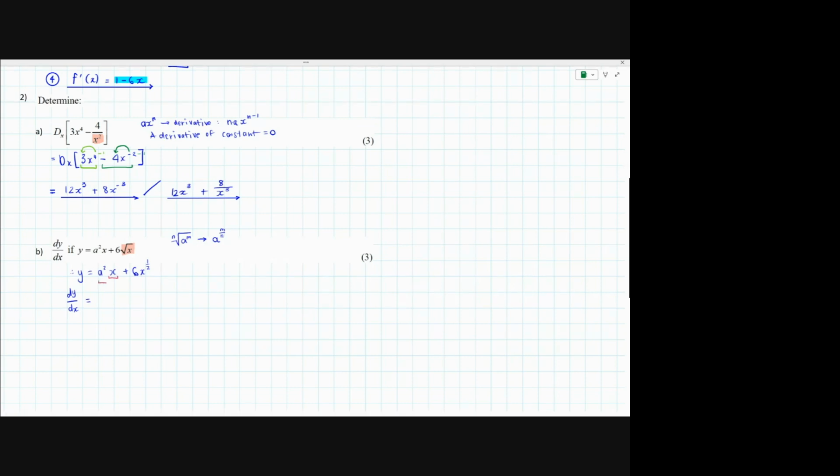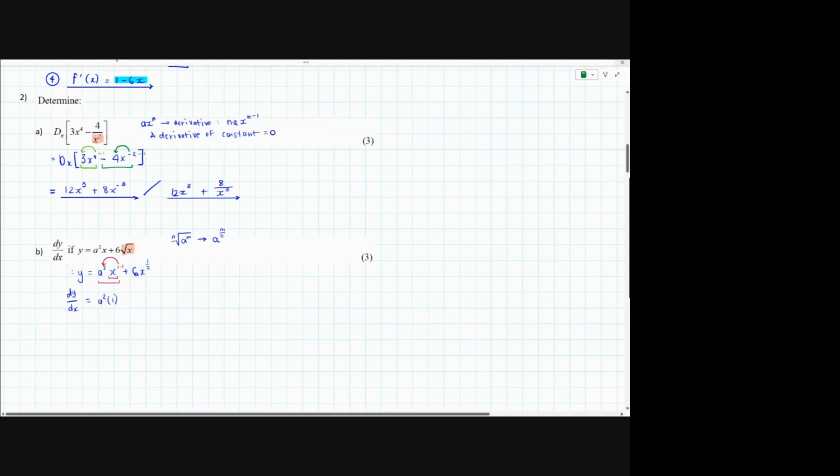So in this first term, I'm going to treat this as a coefficient and just x. x has an exponent of 1, so I'm going to take 1 and times it by my coefficient. So 1 times a squared is still just a squared. And then I'm going to subtract 1 from my exponent. And so I end up with x to the power 0, which we know is just 1.